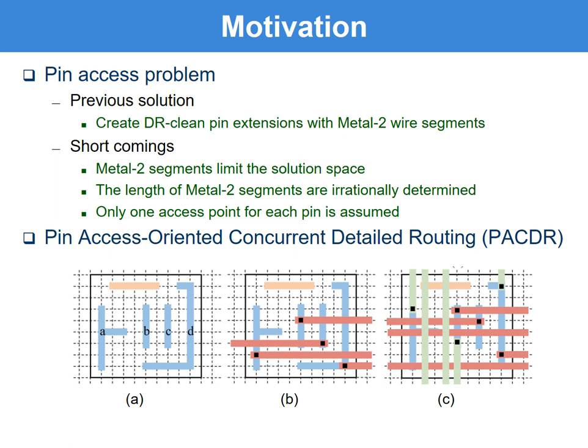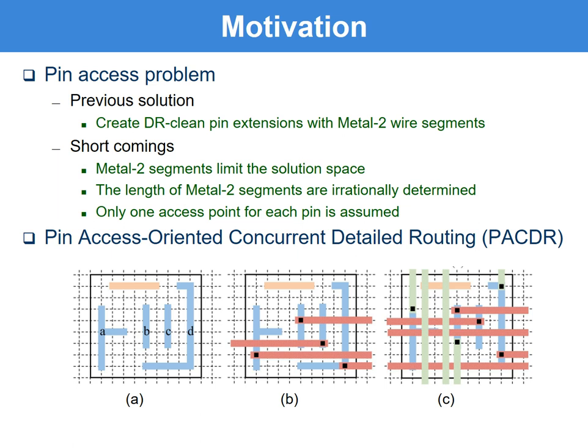Previous studies have typically employed metal two-wire segments to create design rule-free pin extensions, which aim to enhance pin access probabilities. Figure B illustrates 4 pin extensions with metal two segments from the original cell in Figure A.